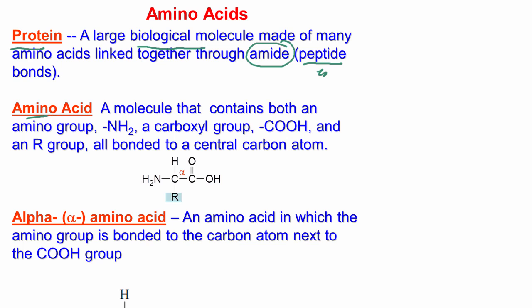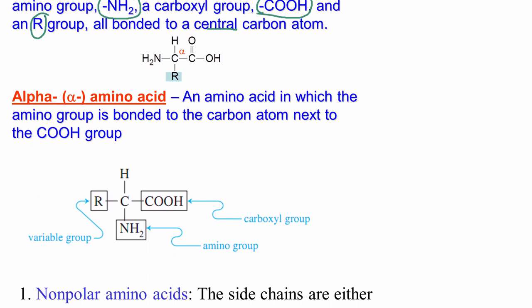An amino acid is a molecule that contains both an amino group, this NH2 group, and a carboxyl group. There's also an R group, or a side chain, and these are all bonded to a central carbon atom. So for example, let's scroll down here.